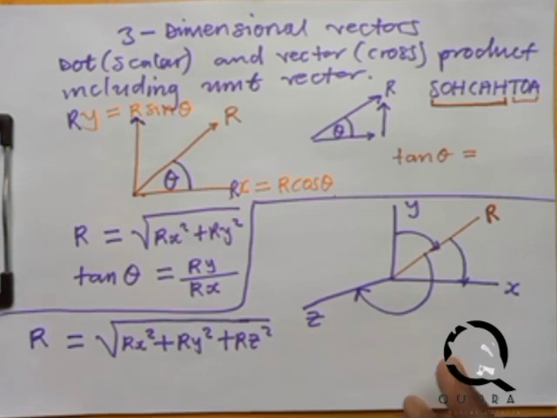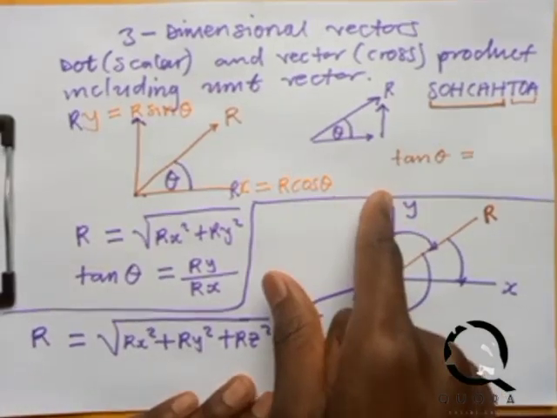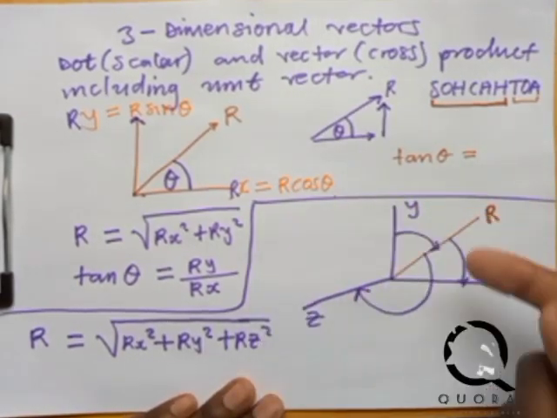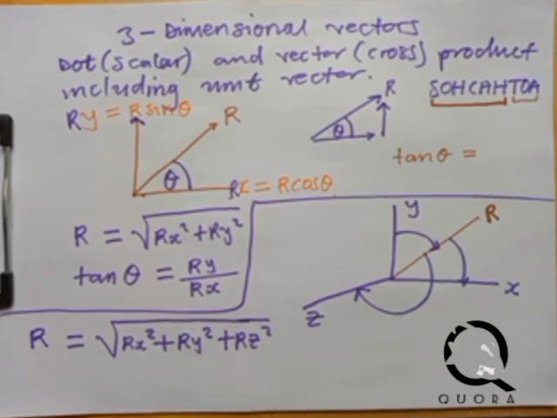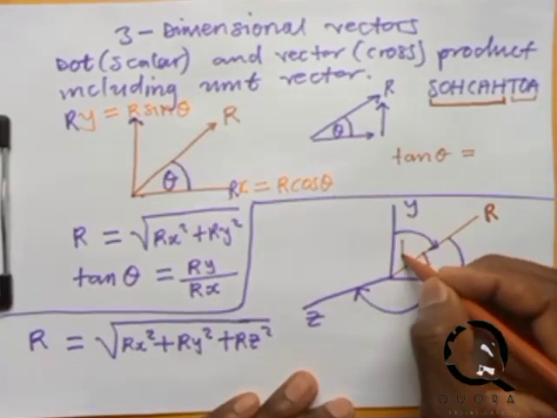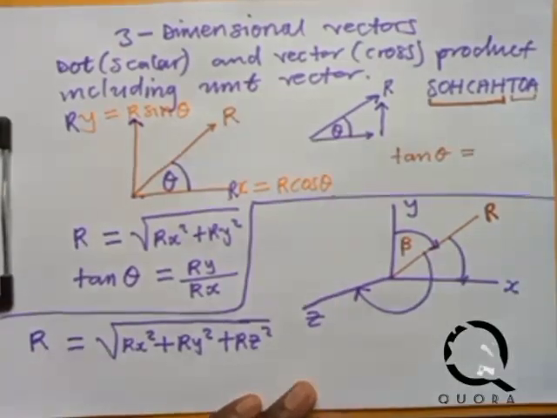The angle which is made between the y-axis, or rather the y component, and the resultant, we call beta. It has to be something like this.